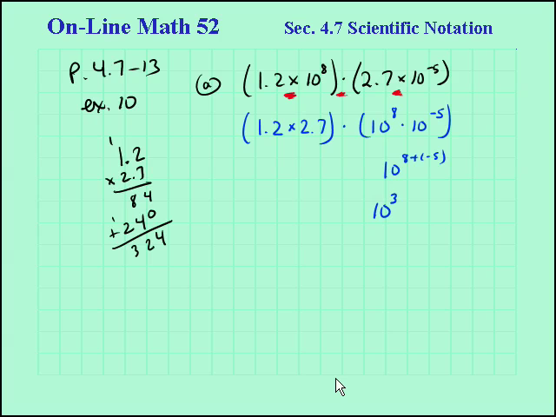324. But you might remember in multiplying decimals, we have to count up that there are 2 decimal places. So we've got to go 1, 2. This is 3.24. So let me write this out as 3.24 times 10 to the third.